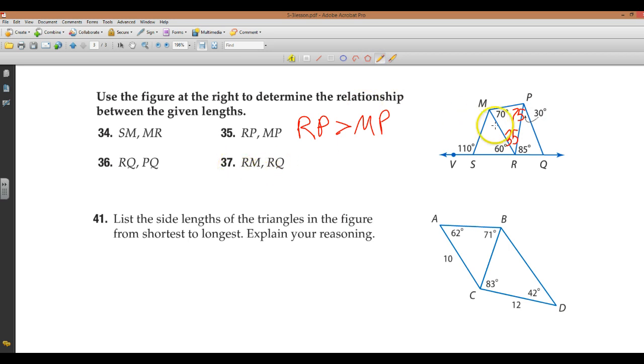For 37, we're looking at RM, so this side, and RQ, this side right here. So we have these two angles, 85 and 30, so if we add those two together, we would get 115, and if we subtract that from 180, we would get 65 for this angle.